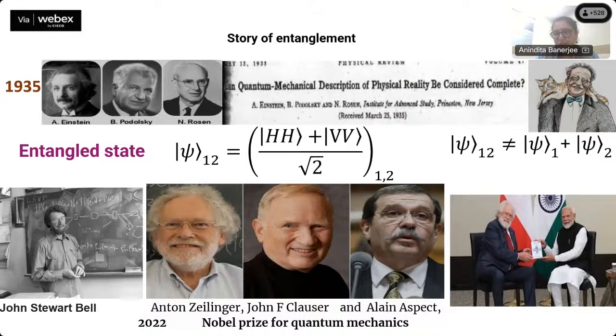He was trying to understand the nature of the quantum entity, and he was questioning, can the quantum mechanical description of physical reality be considered complete? And why was he saying that? Because of certain principles like non-locality, non-realism, that were challenging the classical understanding.